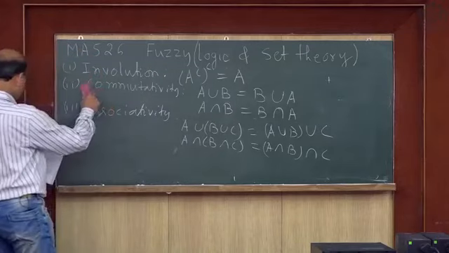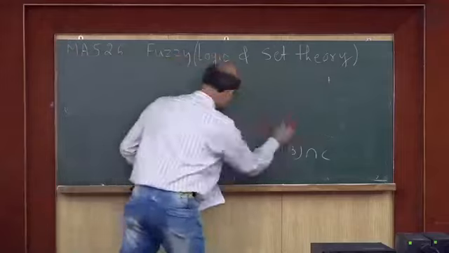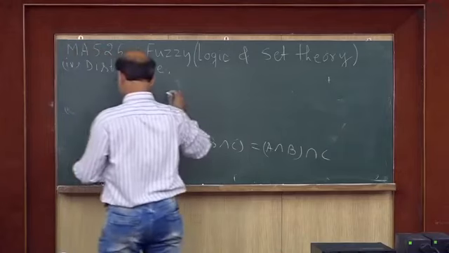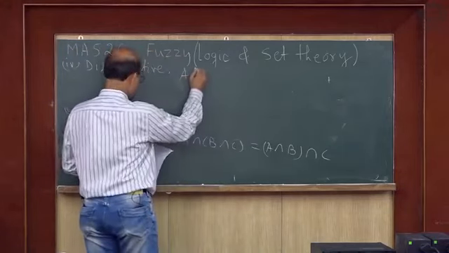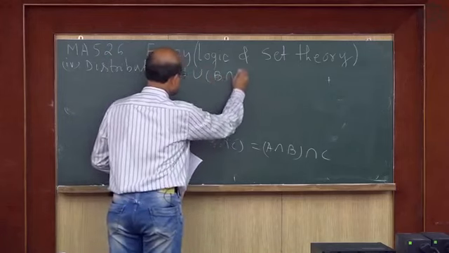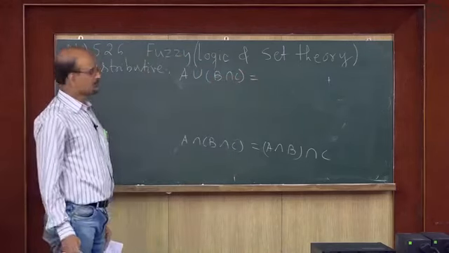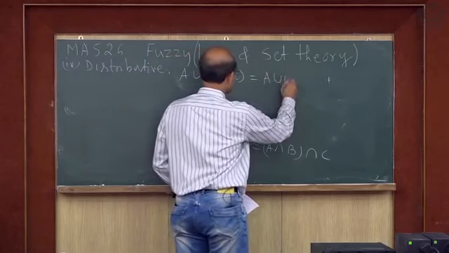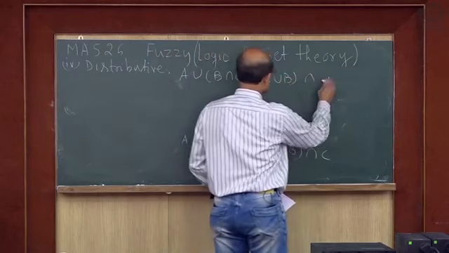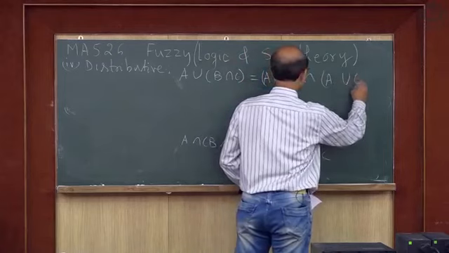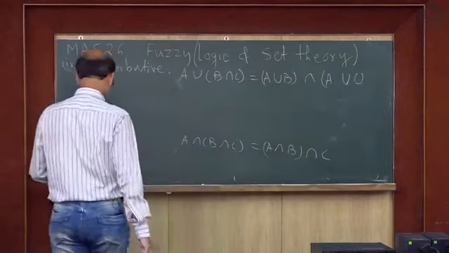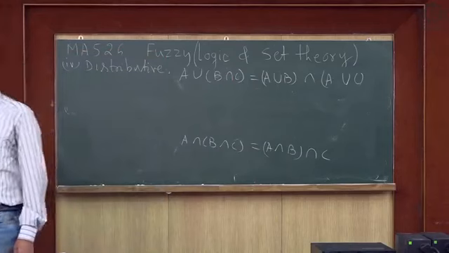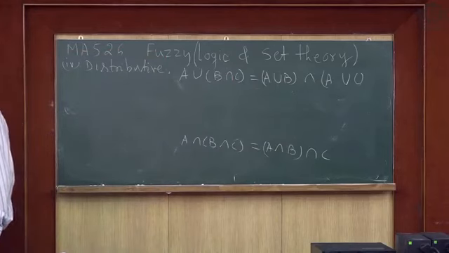Then comes distributive. This is for union: A union (B intersection C) is (A union B) intersection (A union C), that is your distributive, as you do A into (B plus C) equals AB plus AC.